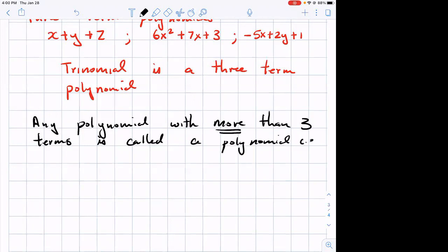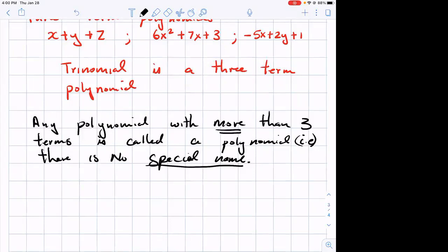Meaning, that is, there is no special name if it has 4 terms. So for example, if it's a 4-term polynomial, we don't call it a rectanomial or a square nomial, right?